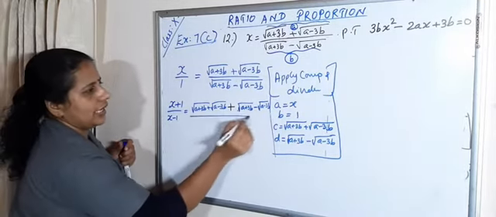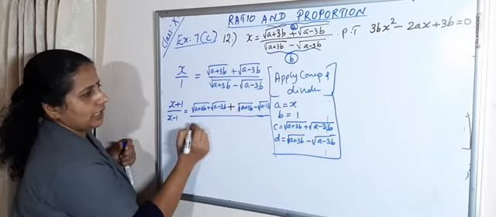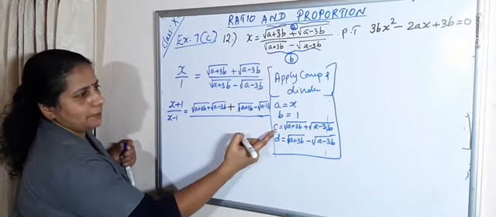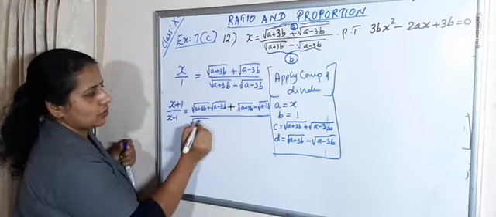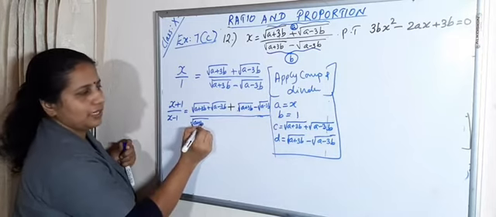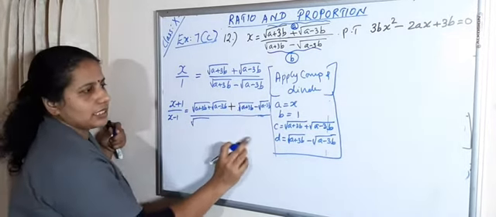Okay, divided by c minus d. C is root of a plus 3b.